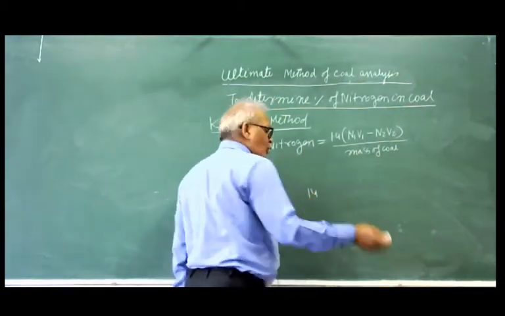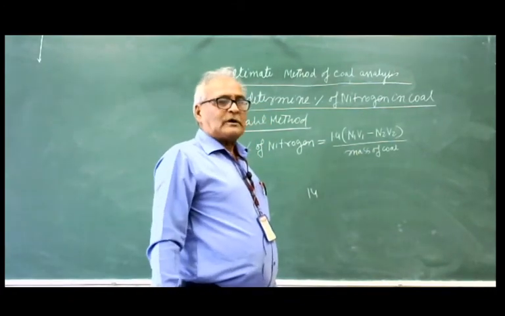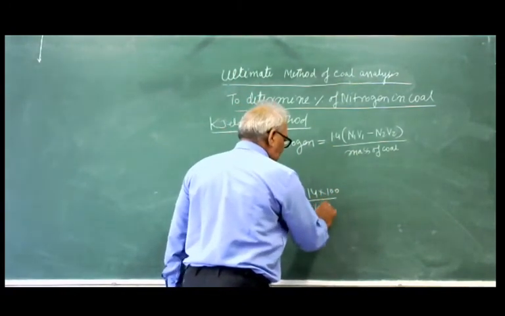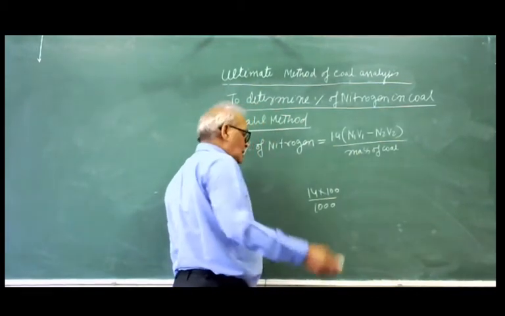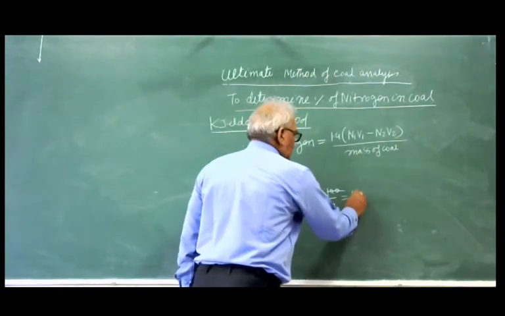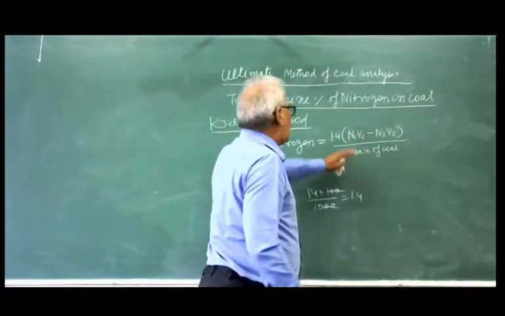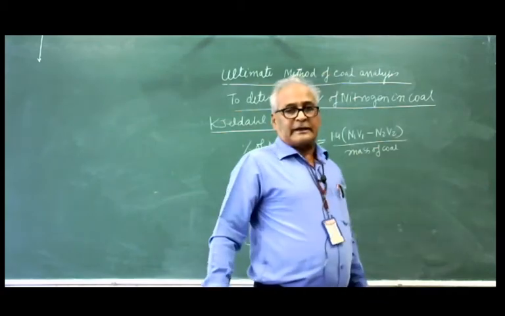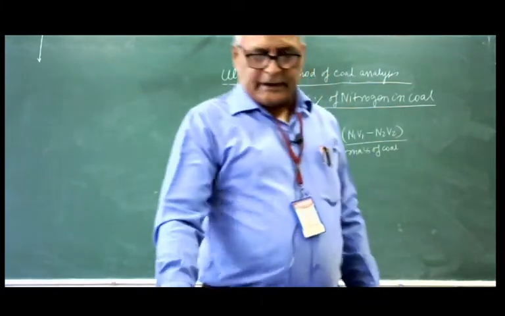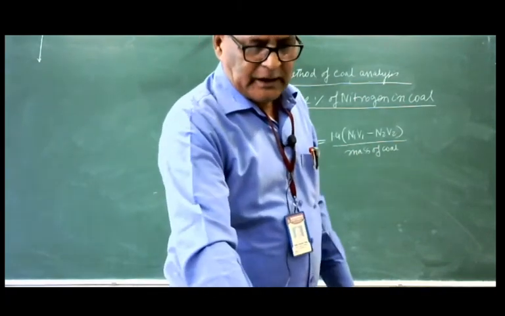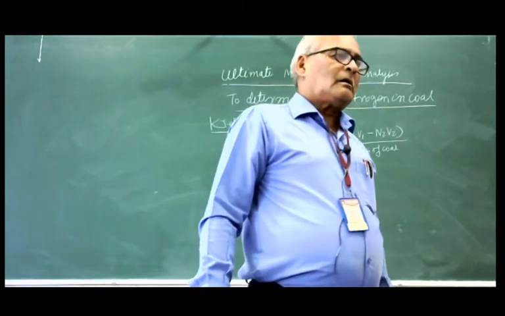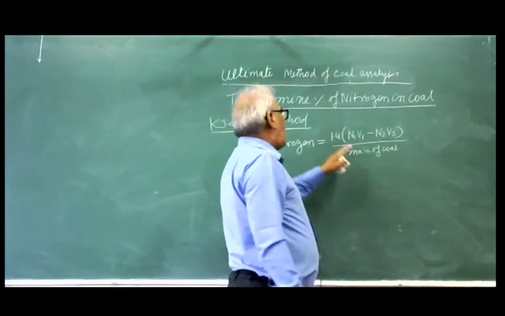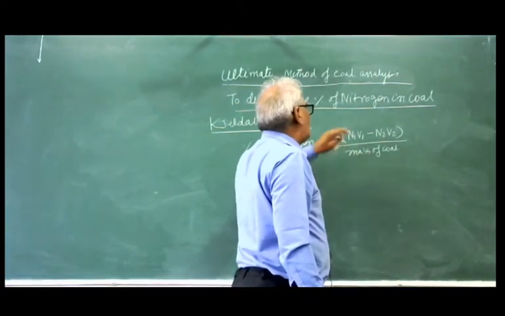The atomic weight of nitrogen is 14, so 14 into 100 percent divided by 1000, that is 1 liter, gives you 1.4. So the formula is simple. While calculating the percentage, do not multiply by 100 again, since the multiplication and division by 100 is already included. Therefore we put here 1.4.